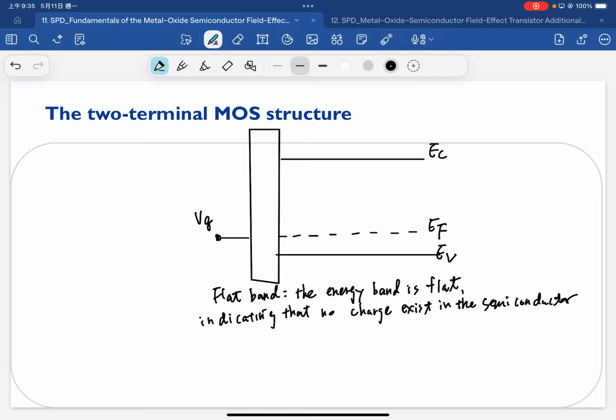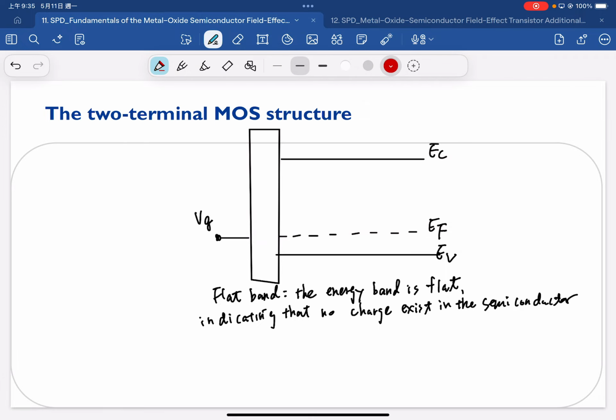Since this is not your first time using a band diagram as a tool to analyze semiconductor physics, you should realize that as long as there's band bending, that always suggests there's a charge, an electric field, a potential drop. As long as we have the flat band, that means there's no charge existing in the semiconductor under this condition.